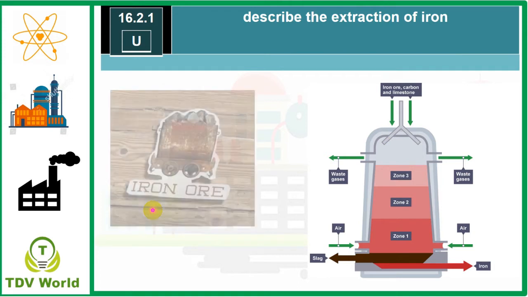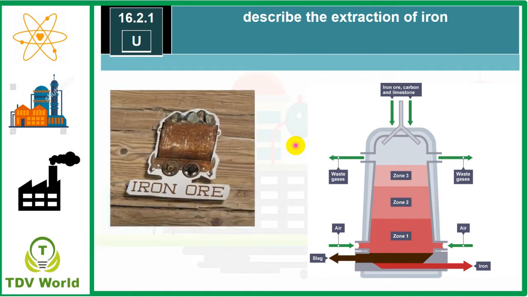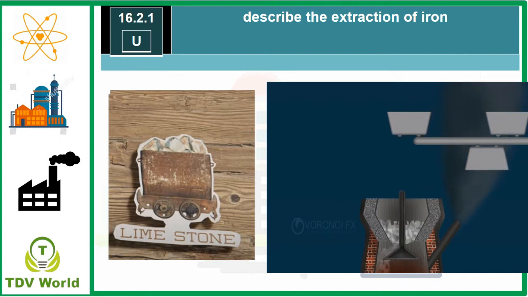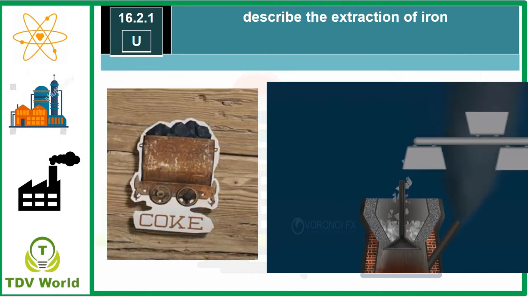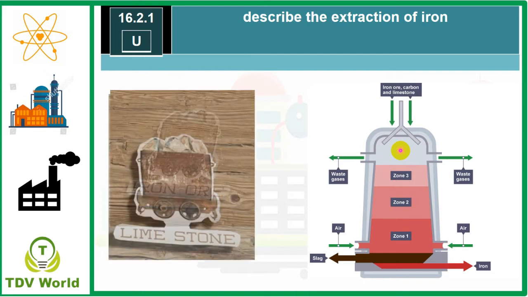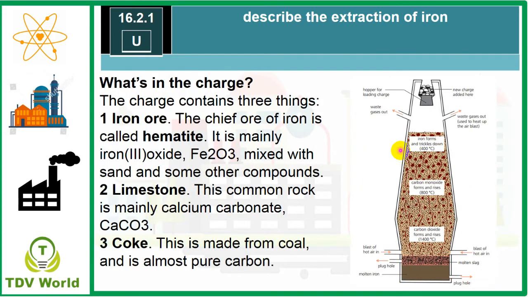The first thing is iron ore. You will be putting iron ore from the top. Secondly, you will be putting limestone. And thirdly, you will be putting coke. It means you have got three reactants or three things which you need in this process, which you will be putting into your furnace, right?